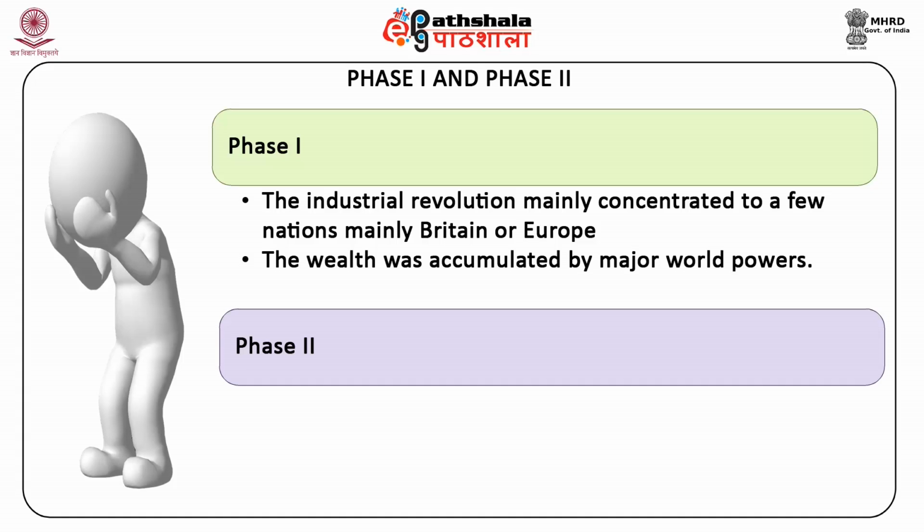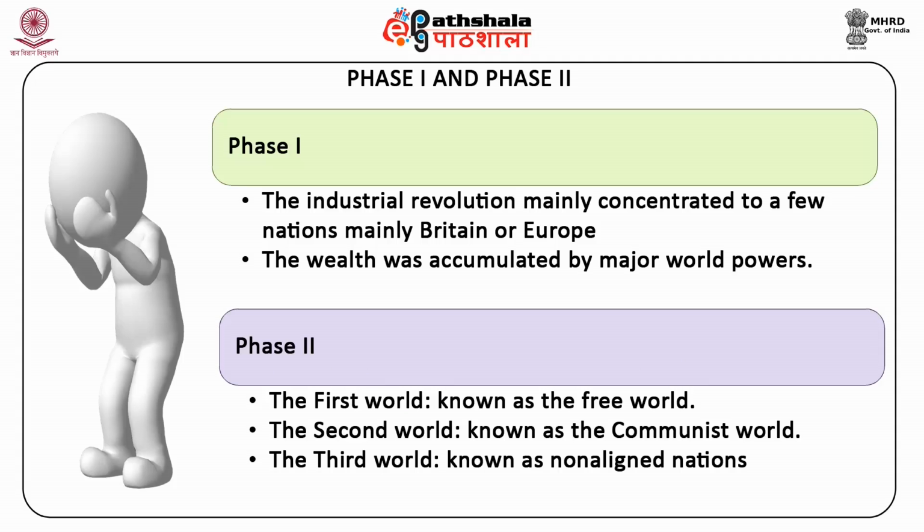By the end of the Cold War, the global scenario changed to a tripartite bloc, namely the First World, known as the Free World, the Second World, known as the Communist World, and the Third World, known as the non-aligned nations, that is developing countries which had been colonized in the past.